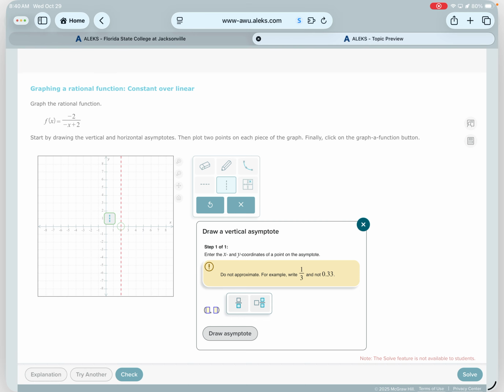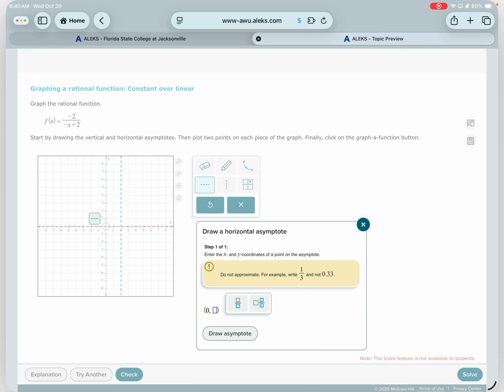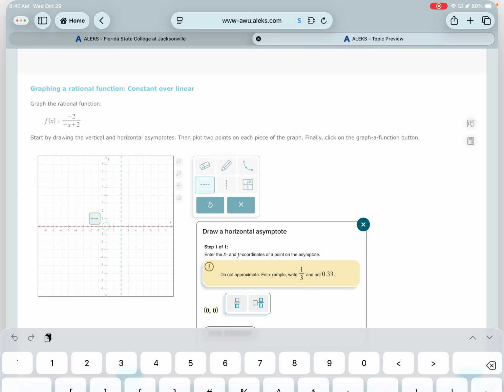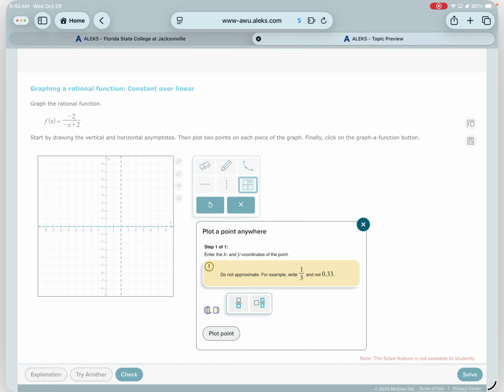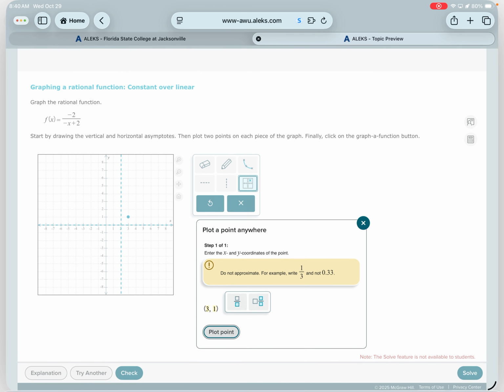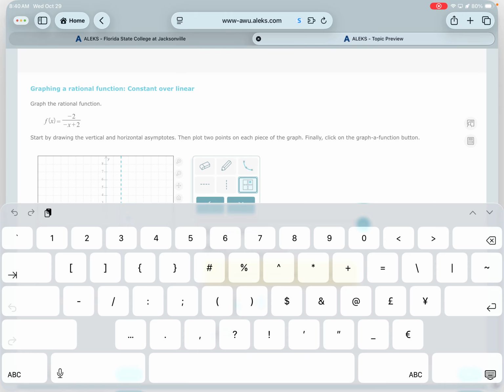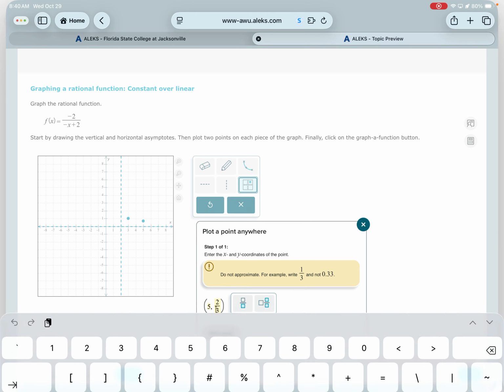So for my vertical asymptote, it's 2, 0. For my horizontal asymptote, it was at 0, 0, right? All right, so then I pick a point. To plot a point anywhere, we plugged in x equals 3, and we got out 1. All right, I think that's right. And then we plugged in 5. You can plug in any number you want to, and we got out 2/3.